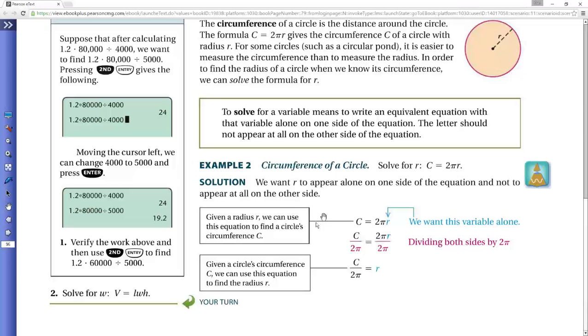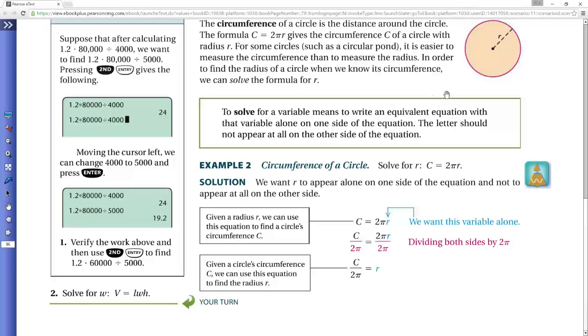Pi comes from, if you took the circumference of the circle, which is the distance around the circle, and you divided it by the diameter, you always get this special number called pi, for which 3.14 is an estimate. On your calculators, if you hit the pi key, it actually uses a more accurate estimate of pi.